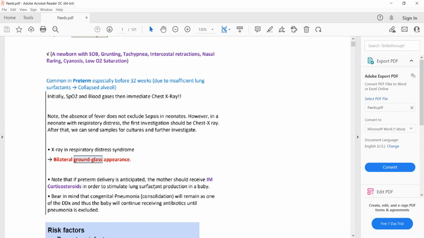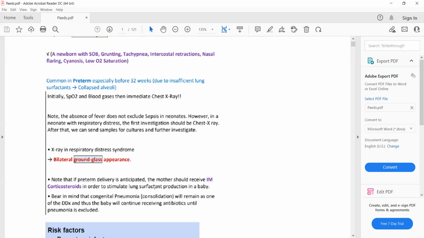And whenever a newborn presents to you with these respiratory symptoms, the initial test will be SpO2 and blood gases, and then X-ray. And then after X-ray, you need to send blood culture and sensitivity, even if the fever is not present, because the absence of fever does not mean that there is no sepsis or no congenital pneumonia.